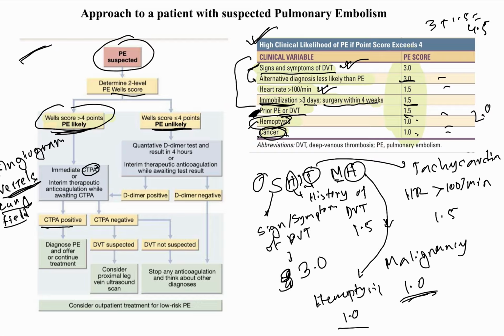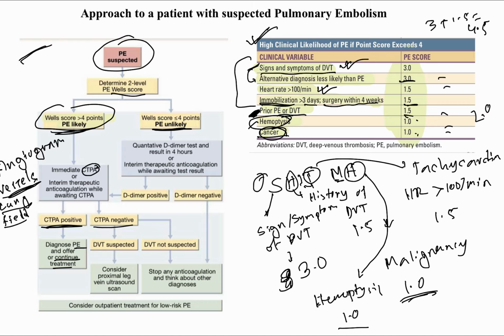If the CTPA, or the CT pulmonary angiogram, is positive, which means that the CTPA shows a definite embolus in the pulmonary vessels, then the diagnosis is confirmed and we have to continue the treatment of pulmonary embolism.